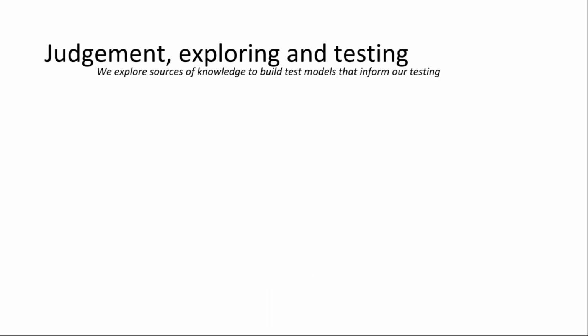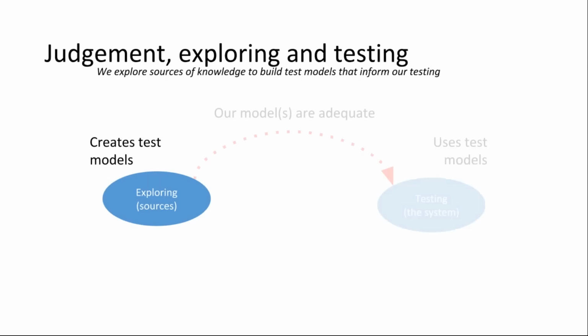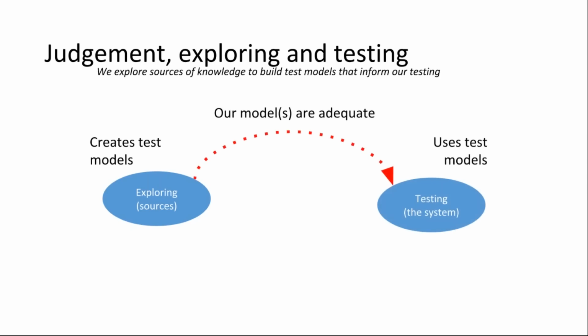So what I'm going to do now is go halfway down the mountain and give you a slight bit more flesh on the bones. We have these two modes of operation as testers. We explore our sources on the left. We create models, test models. And on the right, we have this idea of using those models to test.